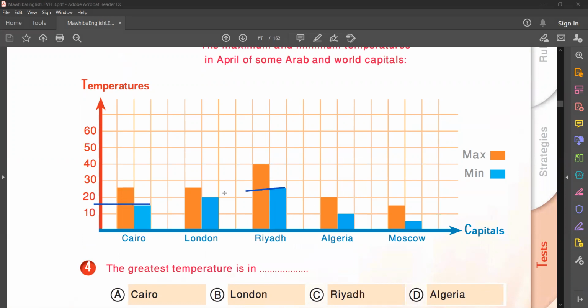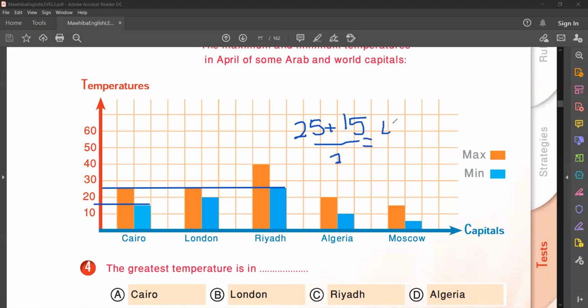Also Riyadh, it is what? It is 25, right? You add 25 plus 15, it is 40 divided by 2.